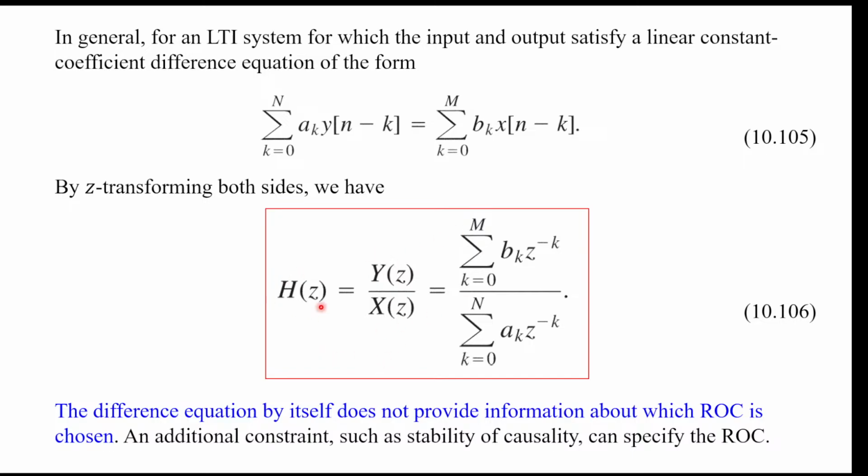So if you do the Z transform, then big H of z equals summation bk z to the minus k divided by summation ak z to the minus k. And once again, this doesn't tell you the ROC, and you need to infer your ROC from the constraints. And also you need to check that your system is LTI.